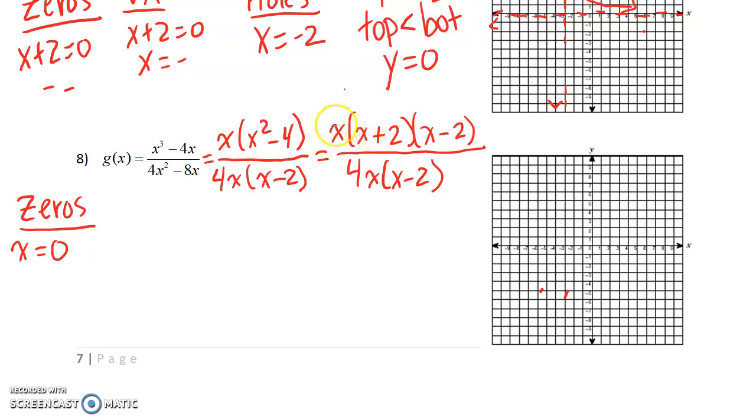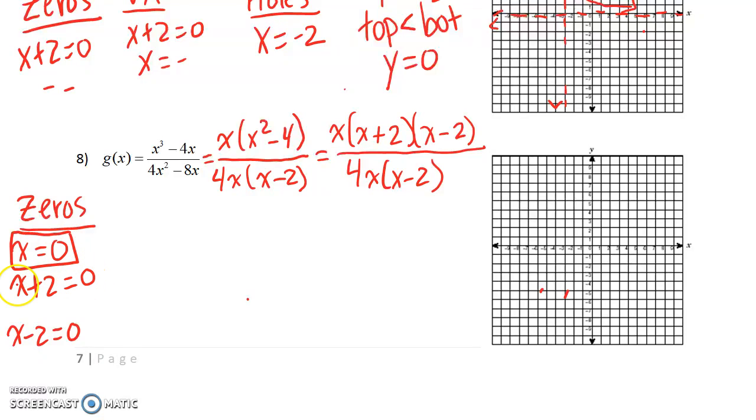However, here we have a variable, so you have to set that equal to 0. Next one would be x plus 2 is equal to 0, and x minus 2 is equal to 0. When we solve for x, we see x equals 0. That was easy.